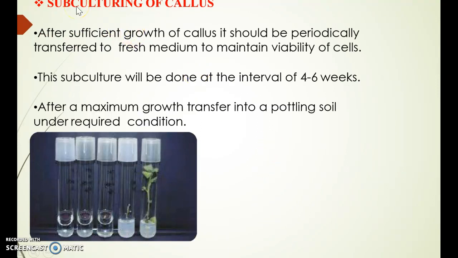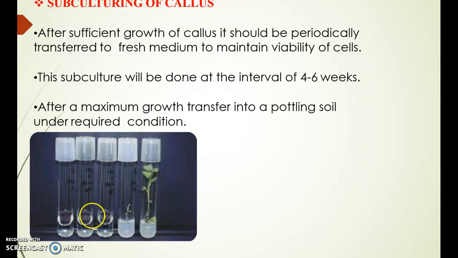Subculturing is very important for the callus because if the callus is left in the medium, it utilizes all the nutrients present in the media, and then there are no nutrients available for the explant for growth.